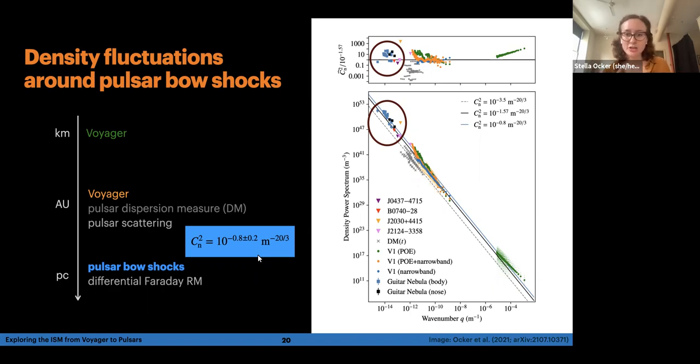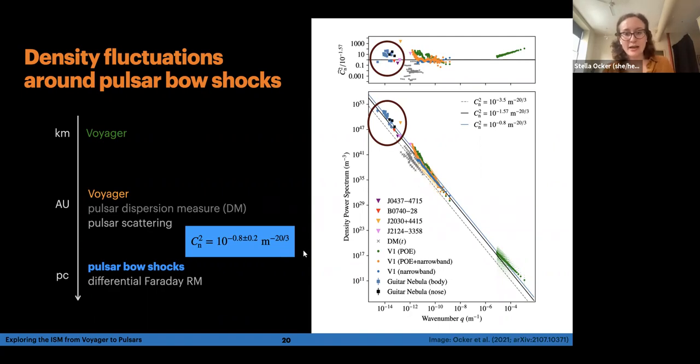And so this potentially means that H alpha emitting bow shocks bias us towards regions of larger, more amplified density fluctuations. And so at this point, it's really unclear whether this large spectral amplitude we see from turbulence around pulsar bow shocks is actually representative of pulsar bow shocks generally, or whether this is a selection effect.